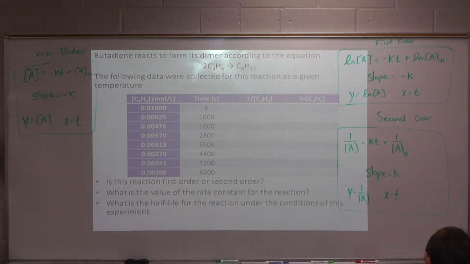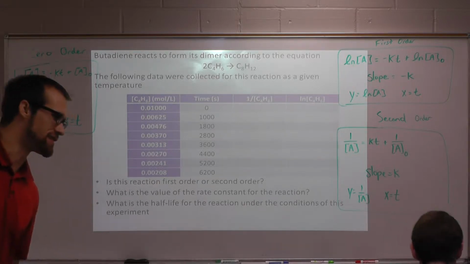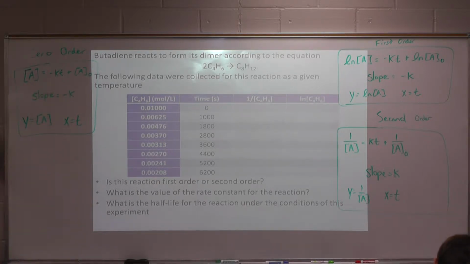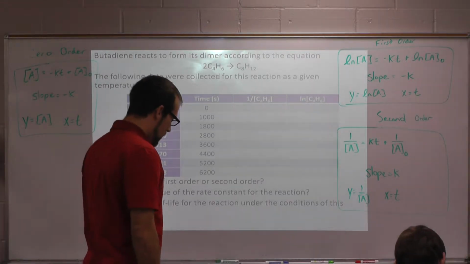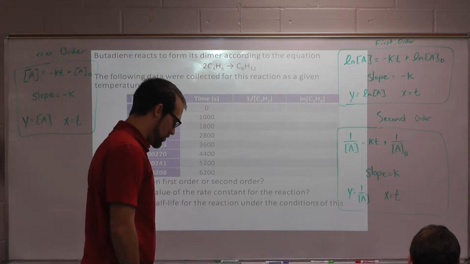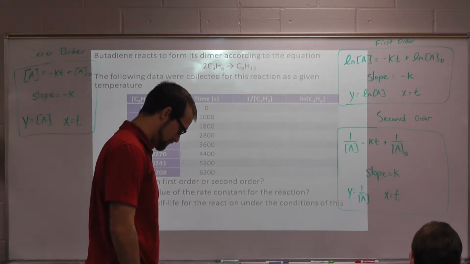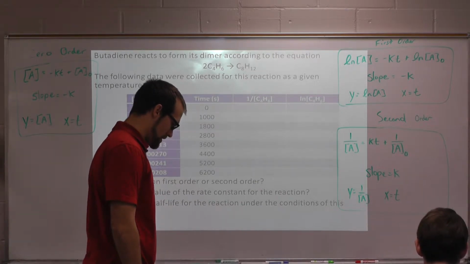Let's do this problem. You guys got this word, correct? Except I didn't actually put in the data for you this time. I want you guys to fill out your data table here. Actually, is there a way we can maybe split this up?